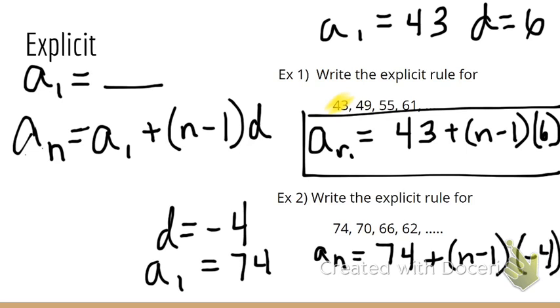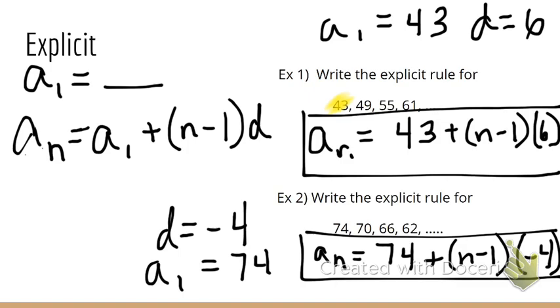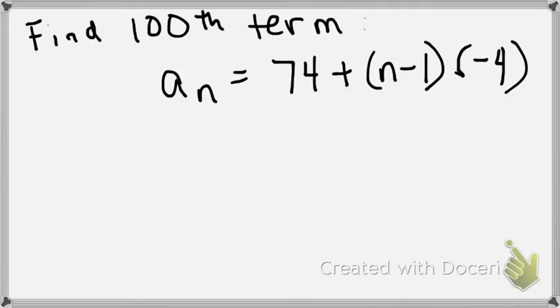So if we're using any one of these to find a certain term, let's say with explicit we want to find the 100th term, I'm going to use this formula on the next slide. So we're looking for the 100th term using that second formula. It can be any formula for explicit. So finding the 100th term, all we have to do is plug in whatever term they're looking for, which in this case is 100, in place of n.